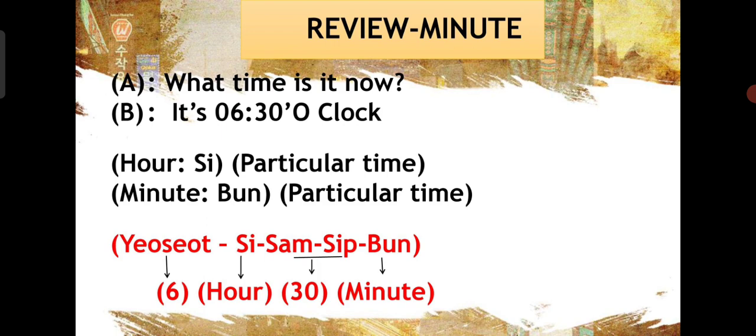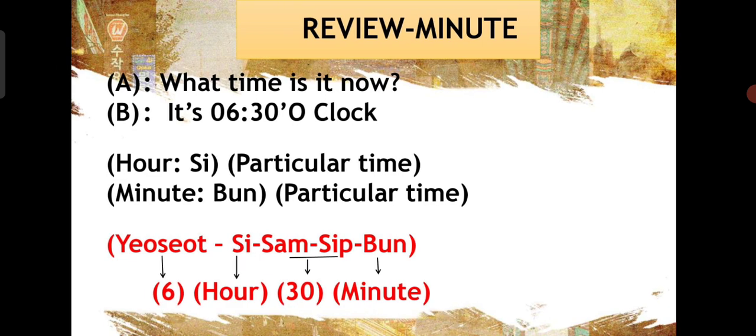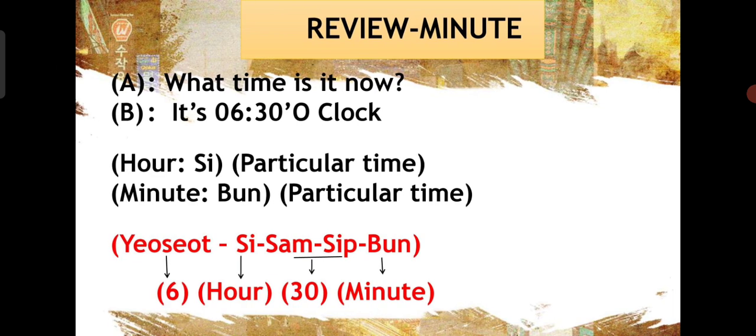And samship means 3 plus 10, 30, samship, and minute is bun. So what time is it now? Yeoseot-si samship bun. Got my point? So this is all about minutes.